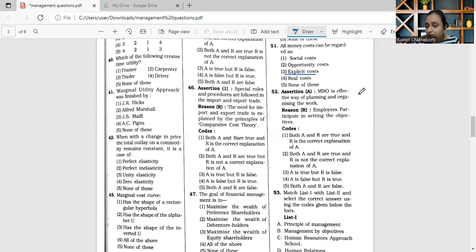So it's not only depending on the employees to set the objectives. Accordingly, A is right, but R is false. So option number 3 is correct, that is, A is true but R is false. So I will mark this answer.